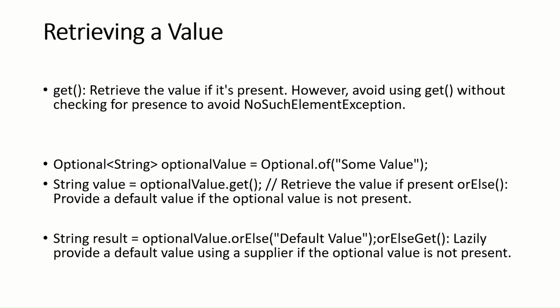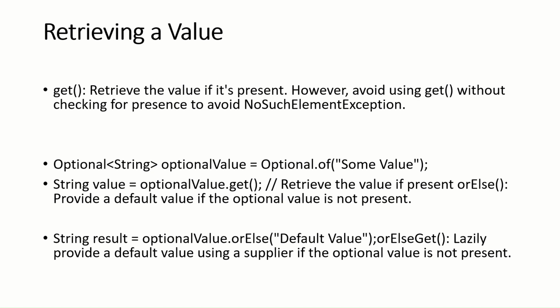Okay. Now here you can see that we have created one optional variable with some value, and if you apply this get method on this variable, you will find the value there, and if the value is not present there, you will get this NoSuchElementException.